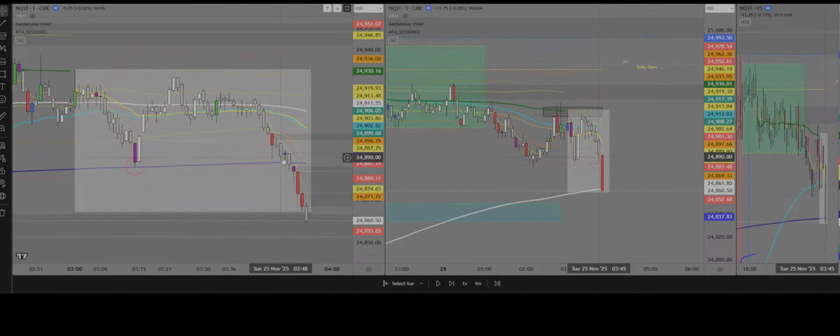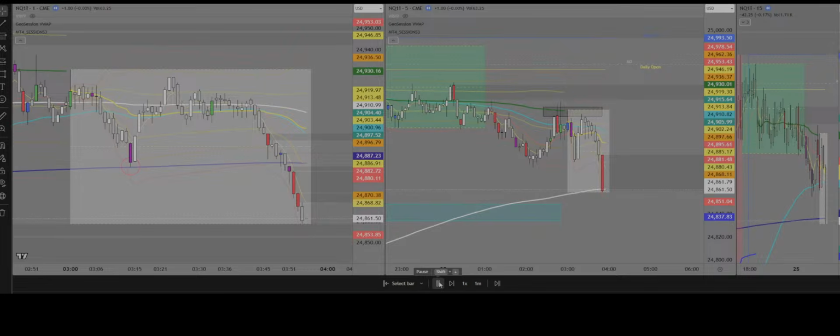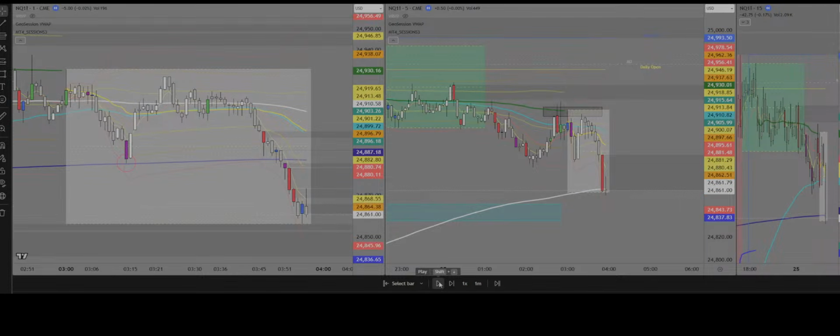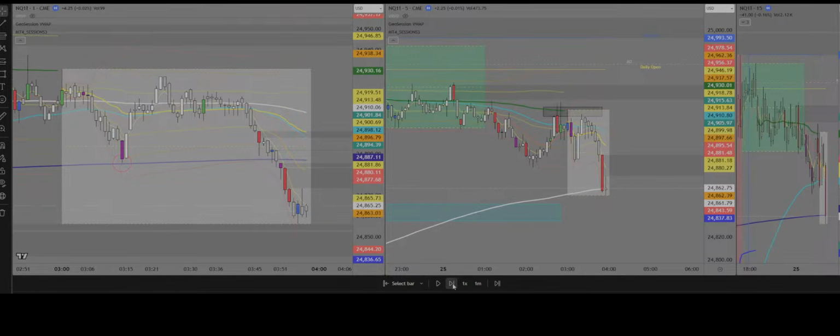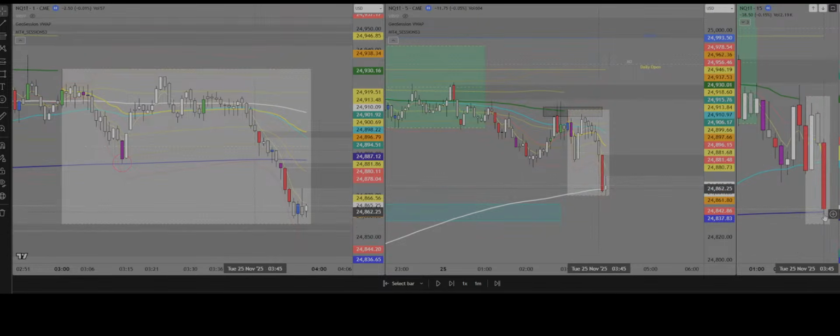Okay, so now the standard deviation bands are all rolling over. There's the 200 on the 5. Red vector on the 15 minute into the 800 EMA.